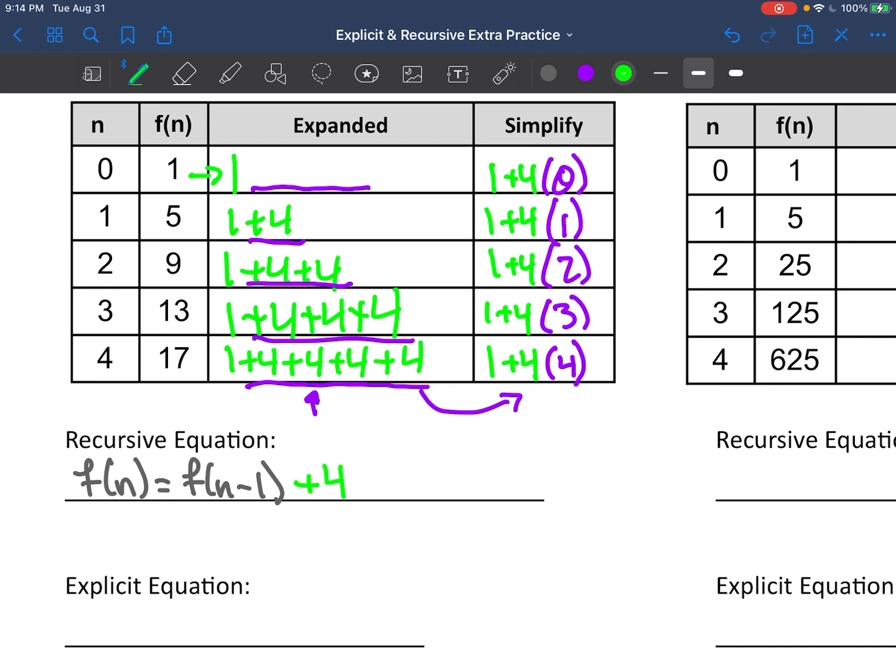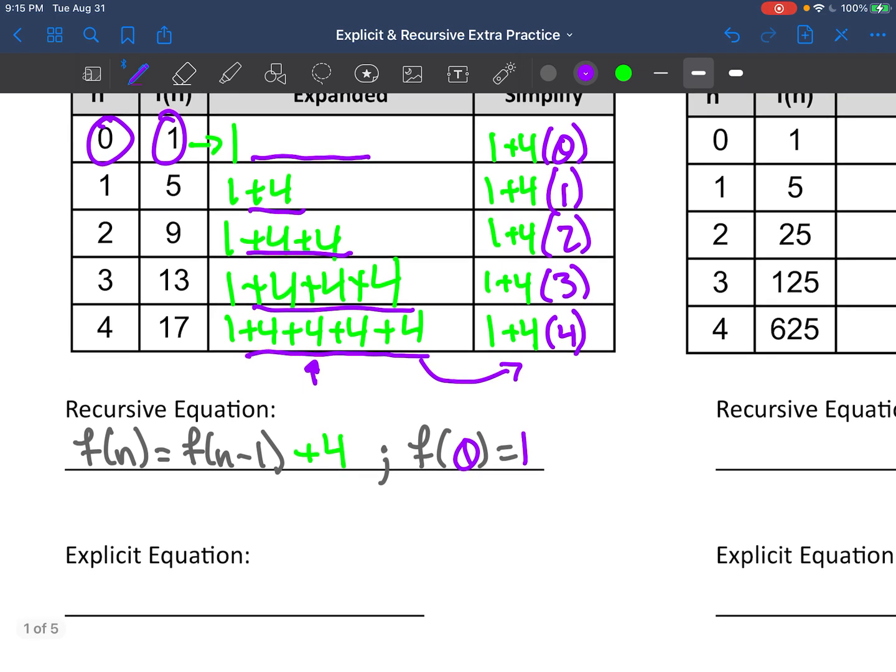After the f of n minus 1 is always that common difference or common ratio. Then, semicolon, how does our table start? Well, in this case, our table starts with a 0 and a 1. So I'm going to do f of 0 equals 1. Sometimes it will not start with a 0, just so you know.